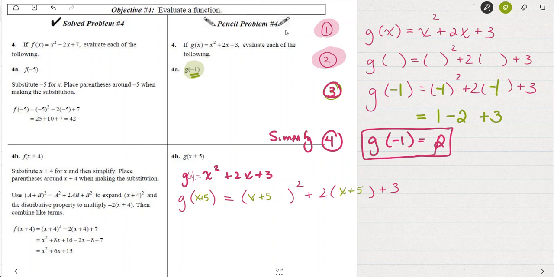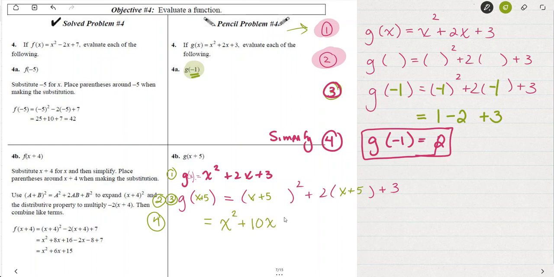So step 1, I wrote the function. Step 2, I had the empty parentheses, and then step 3, filled it in. Step 4, I'm going to simplify. X plus 5 squared. Now off to the side, you could FOIL that if you need to.